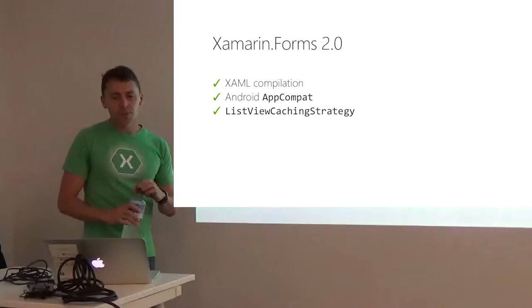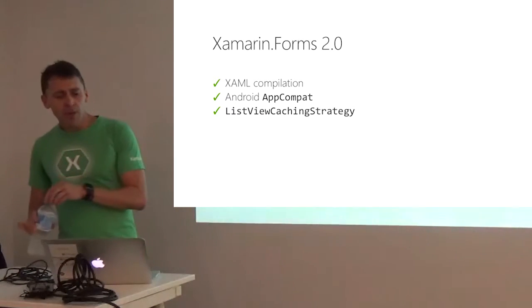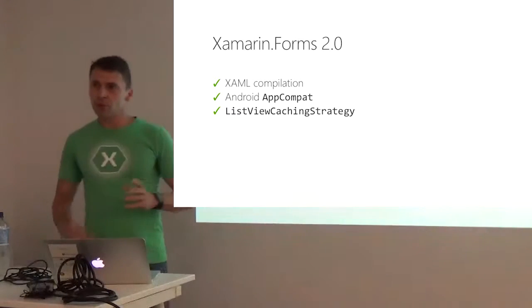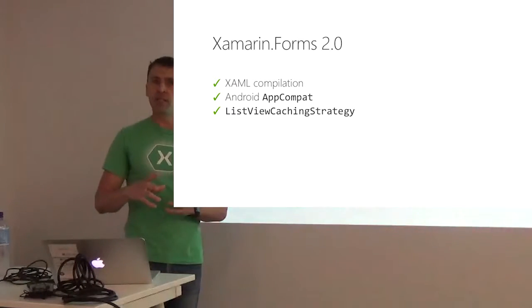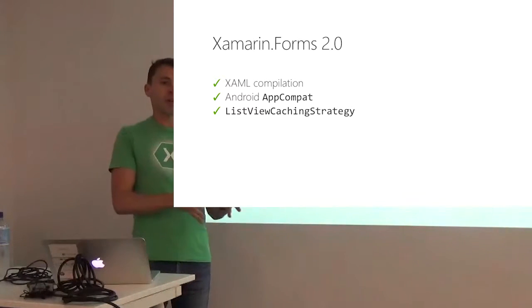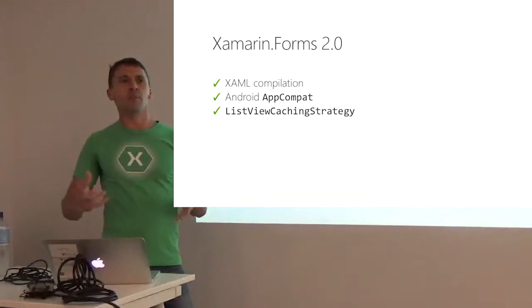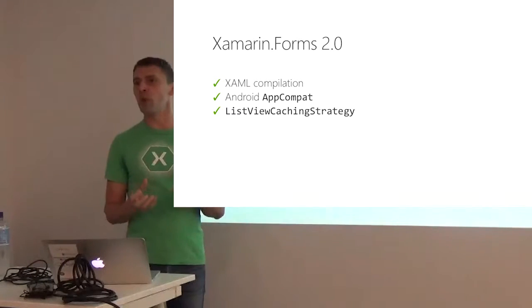We also introduced the list view caching strategy. We'd always tried to virtualize what was happening in list views to make performance really efficient, but we were virtualizing at the native level, so we were reusing the cells that were being passed through, but we weren't always virtualizing the Xamarin.Forms UI that sat on top of that.